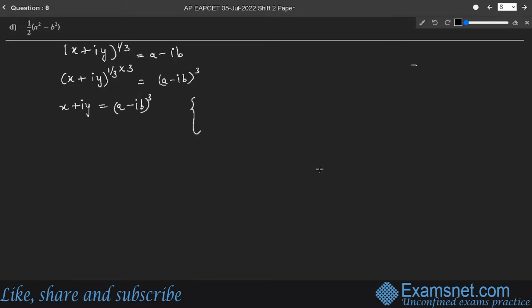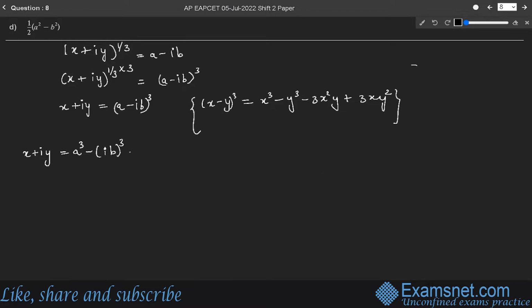We know that there is an identity which is (x minus y) whole cube is equal to x cube minus y cube minus 3x square y plus 3xy square. Applying this identity here, x plus iy is equal to a cube minus (ib) cube minus 3 into a square into ib plus 3 into a into (ib) square.